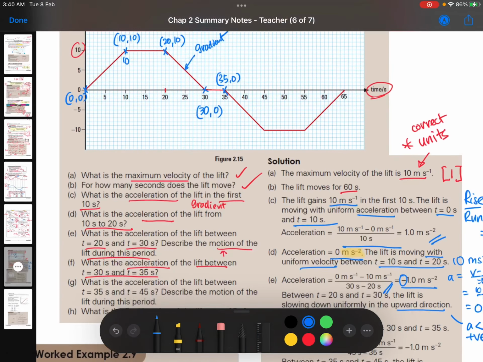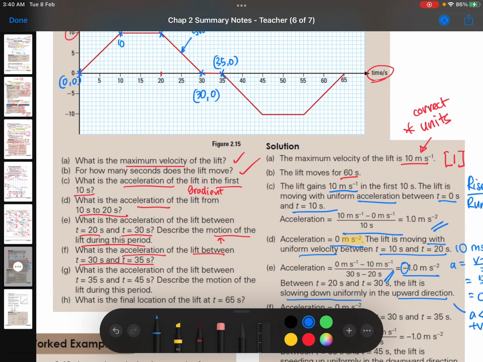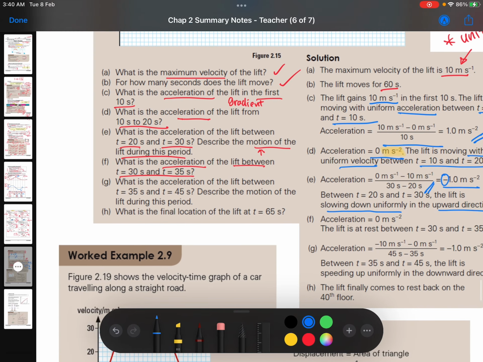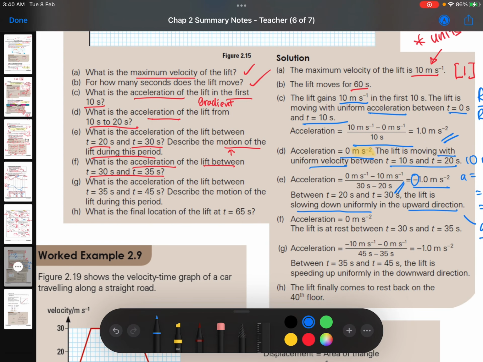So what you have is 0 minus 0 divided by 5. So for F, there is no acceleration. Why no acceleration? Because the lift is at rest between 30 to 35 seconds. In other words, maybe the lift is at the 40th storey and it totally never moves for the 5 seconds, maybe until the next person presses the lift.